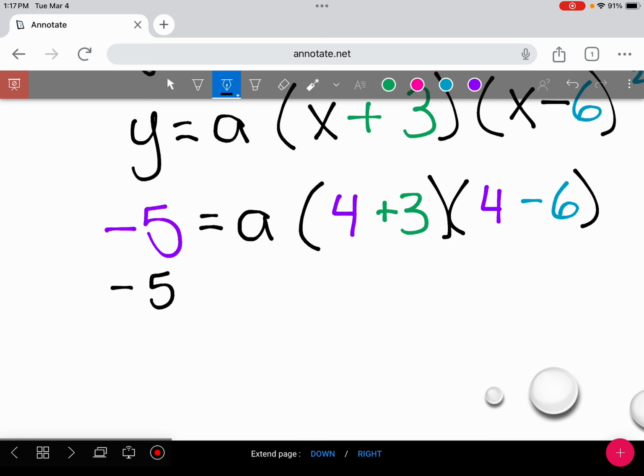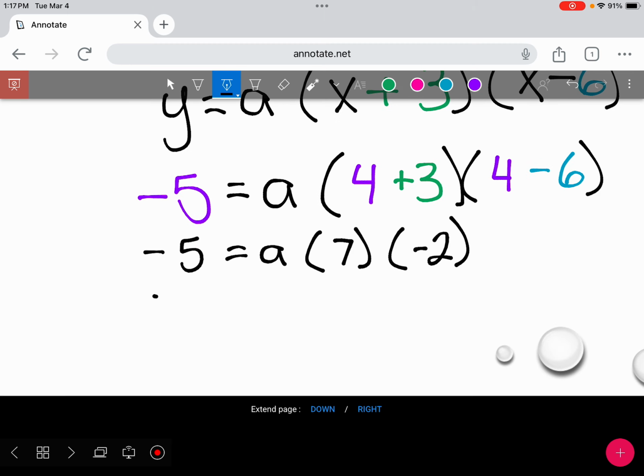We've got -5 equals a times 4 plus 3, which gives us 7, and 4 minus 6 gives us -2. So what is 7 times -2? a times -14 gives us -5.